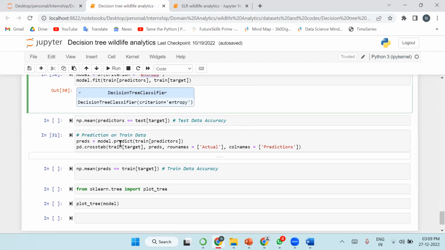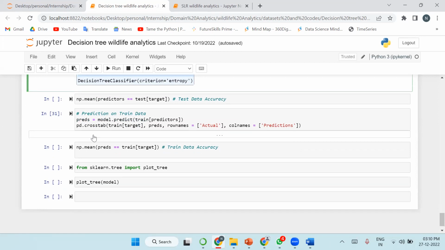As we do the prediction on the trained data, we do a cross tab on train target and predictions, with row names as actual and column name as predictions. And then we get the mean of the predictions for the train target.